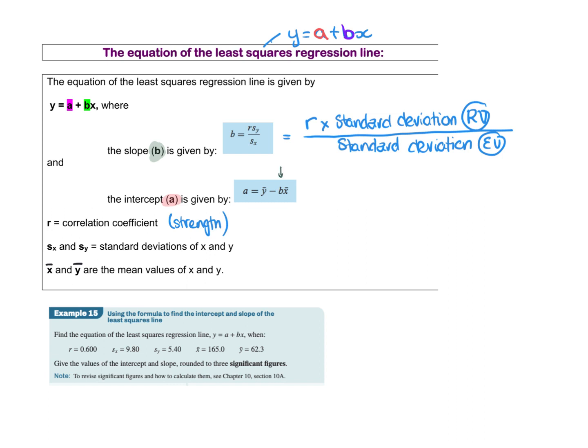So if you're finding the two of them, you have to find B first so that you can use it in the next one. So let's write this one out in terms of how they would word it in a question. It'll be the mean of the response variable minus B times the mean of the explanatory variable. Okay?